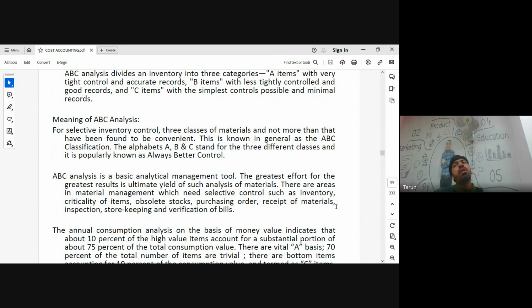But when we talk about the areas and on what basis you classify these items, that is the inventory, criticality of items, obsolete stock, purchase orders, receipts of material, inspection, storekeeping, and verification of the bills.